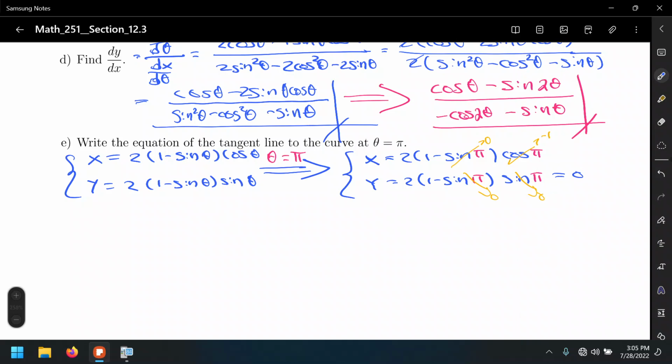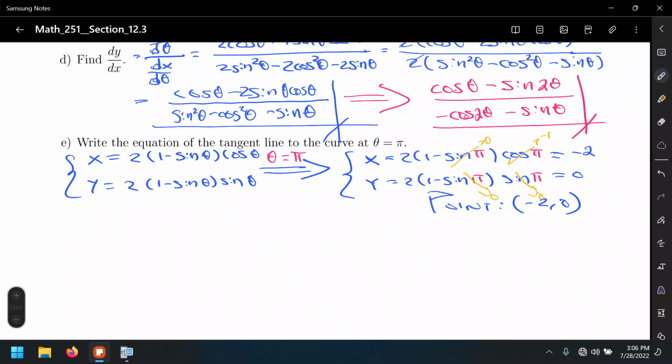That's nice. And what we're going to get for the x value? Well, 1 minus 0, which is just 1, times 2, that's 2. And cosine of pi, which is -1, that's going to become -2. So the point is -2, 0. We got the first part.